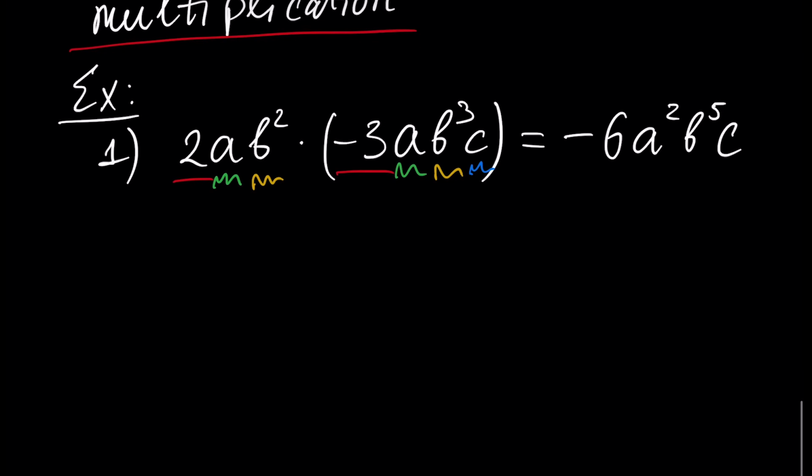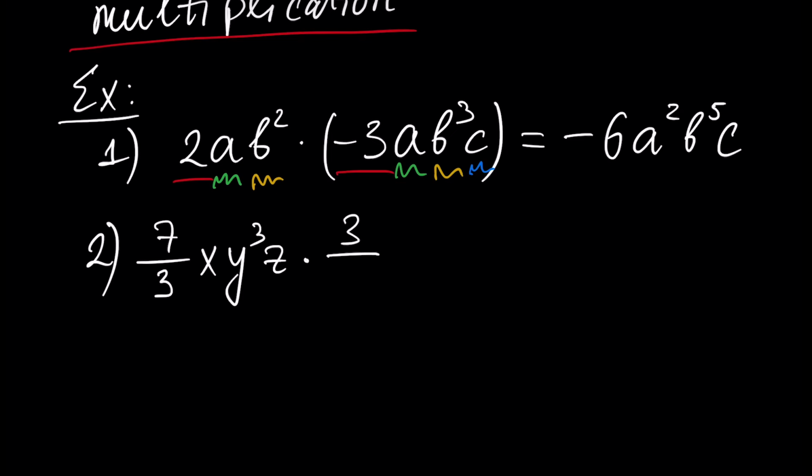Another example, example number 2, is 7 over 3 x times y to the power 3 z times 3 over 21 xy z squared. So first we multiply coefficients of these monomials.